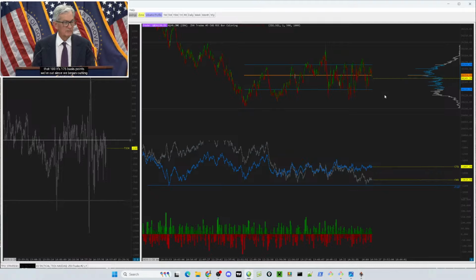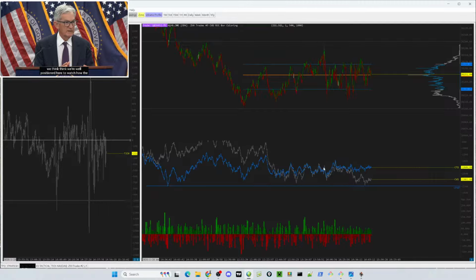Fed funds is running just a little below 3.65%. So you've moved a good way, and we think we're well positioned here to watch how the economy performs, look at the data. We're not making decisions about future meetings, but we do think we're well positioned to let the data speak to us.